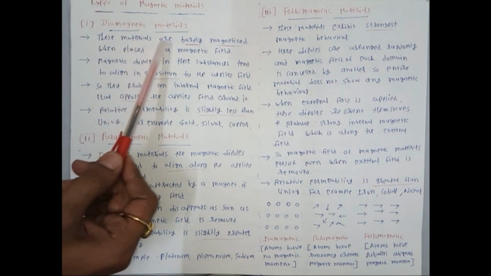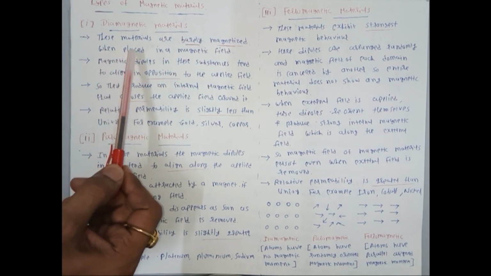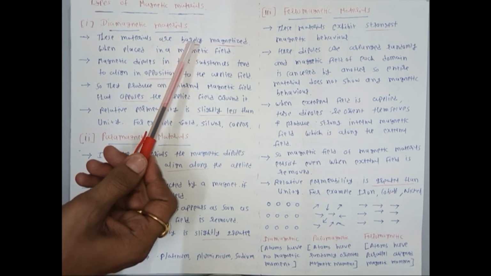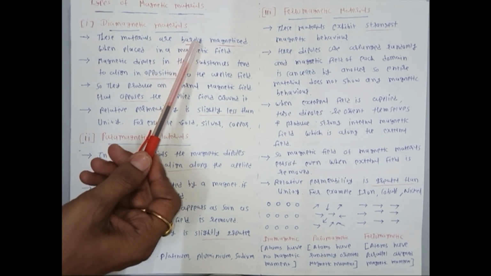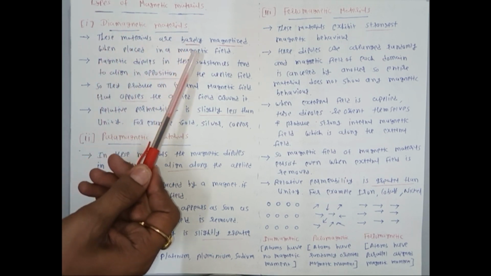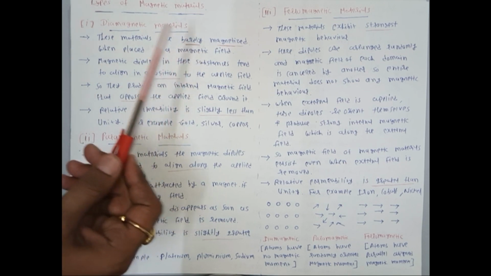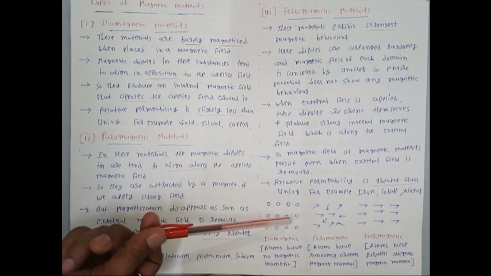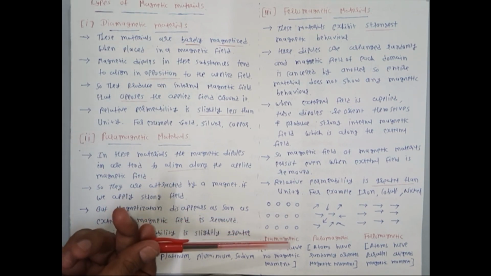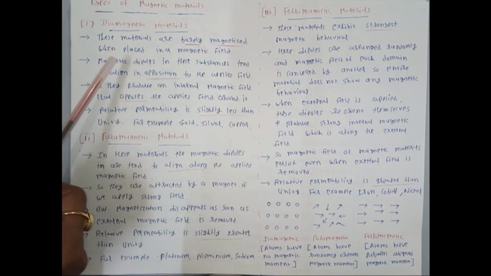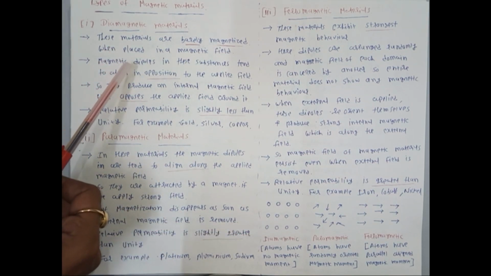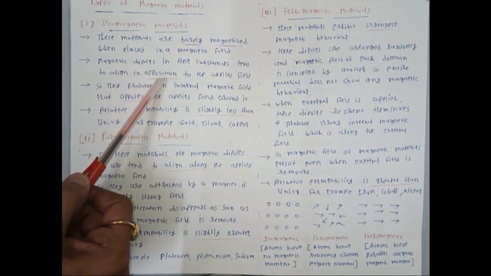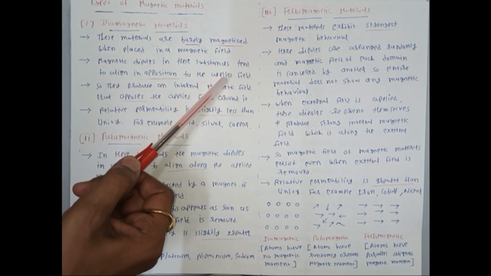These materials are barely magnetized when placed in a magnetic field. It means they do not experience magnetization when placed in a magnetic field. Because, see in the figure, here is the figure of diamagnetic materials. In diamagnetic materials, all magnetic dipoles are aligned in opposition to the applied magnetic field.